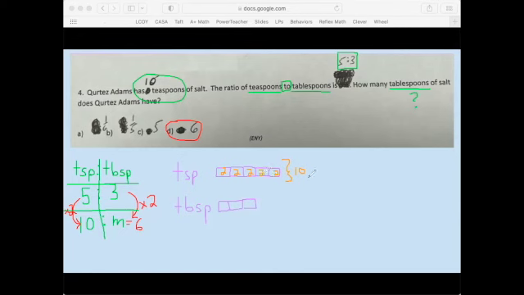Because I have 10 teaspoons of salt and the tape diagram has 5 pieces and those 5 pieces need to equal the 10. And since each of the pieces of tape are equal, I also know that the pieces of tape that go next to the tablespoons will also be 2. So now if the question's asking how many tablespoons of salt I have, I can either add the 3 pieces of tape together, which would be 2 plus 2 plus 2, and I can get 6.